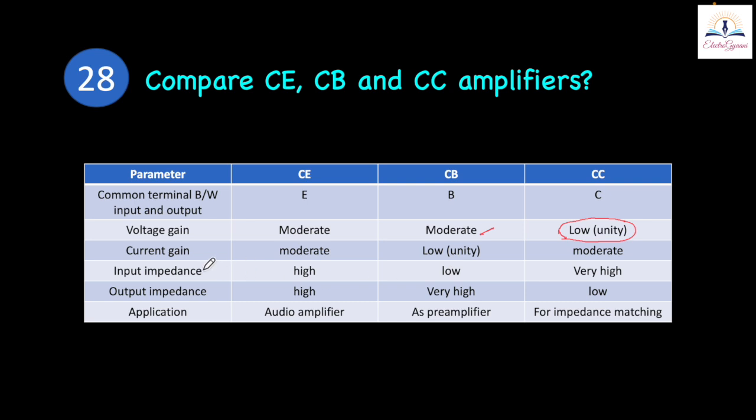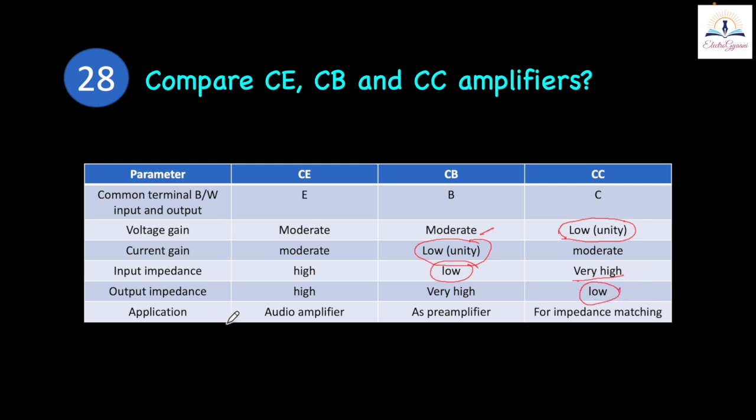The current gain. So current gain is lowest in the common base configuration, almost unity, while the other two configurations have moderate current gain. Input impedance is also lowest in common base, while the common collector has the highest input impedance. Output impedance is lowest in common collector configuration.